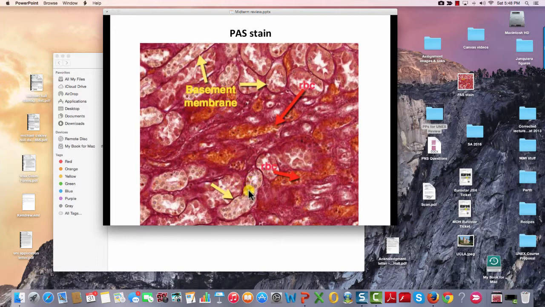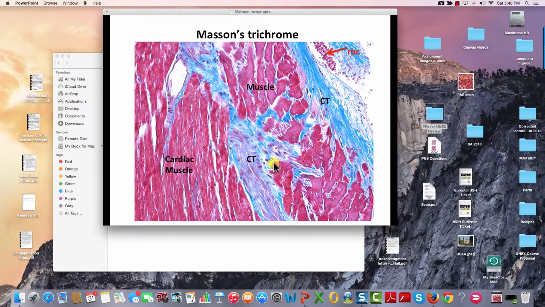It doesn't do too much for other cells surrounding these tubules.